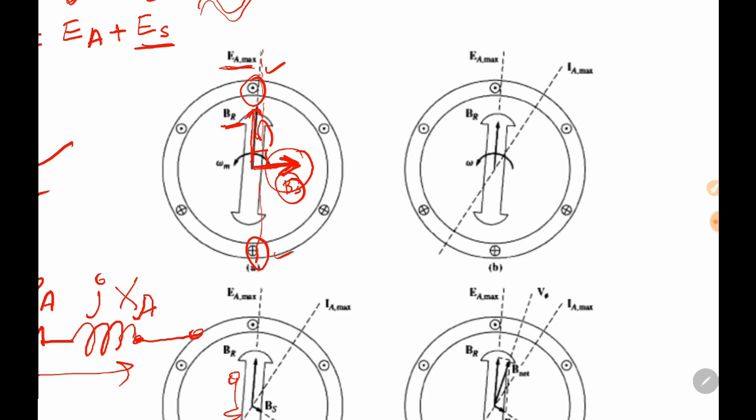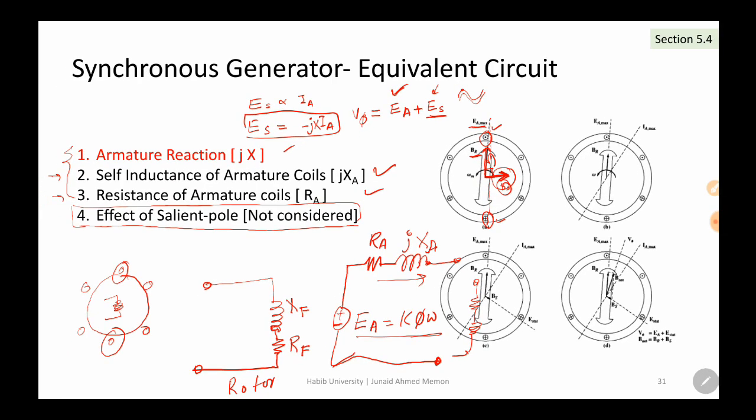So that's obvious. It's the same idea: if the current lags behind, then we can apply the right hand rule to this plane, and you can see the stator magnetic field, which is produced by this current, will be pointing in this direction.